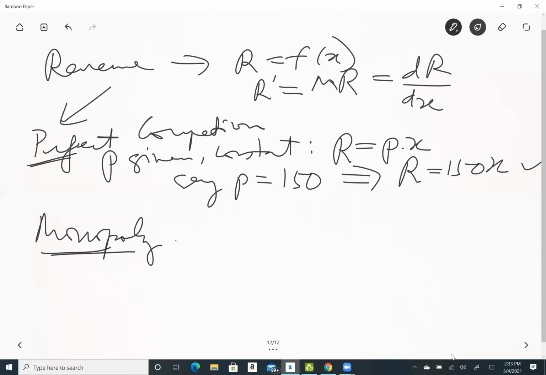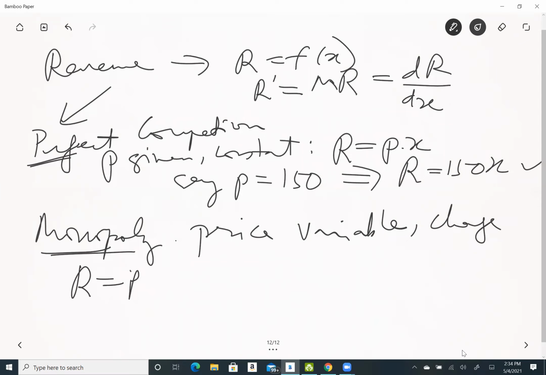The seller has influence on the price. So here in monopoly, the price is not a constant. The price is a variable. The price will change. Now, the revenue is still P multiplied by X, but P is not a constant. P is a variable. P would be given by the demand function.